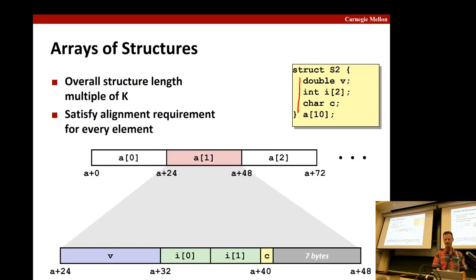This is just saying that if I have an array of these things, then by having them all be multiples of the right thing, each of them will be aligned. We said A0 has got to be a multiple of 8. Since this structure's size is a multiple of 8, I know the starting point of the next one is a multiple of 8.